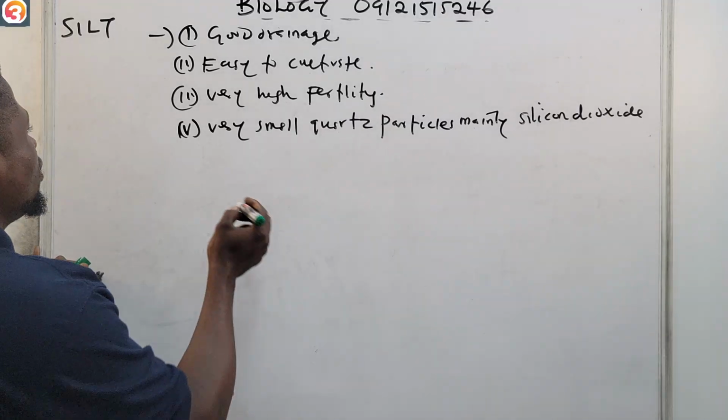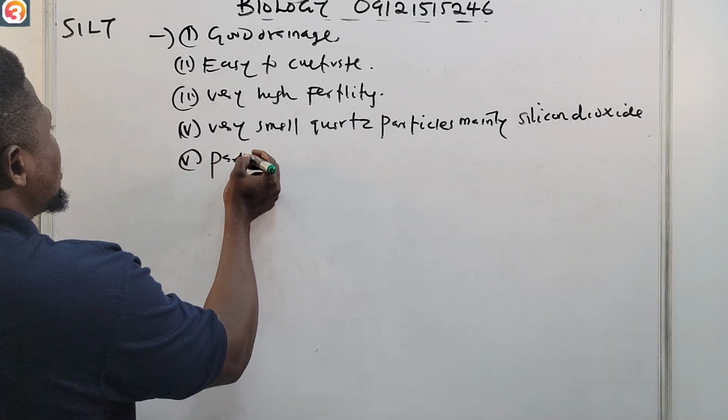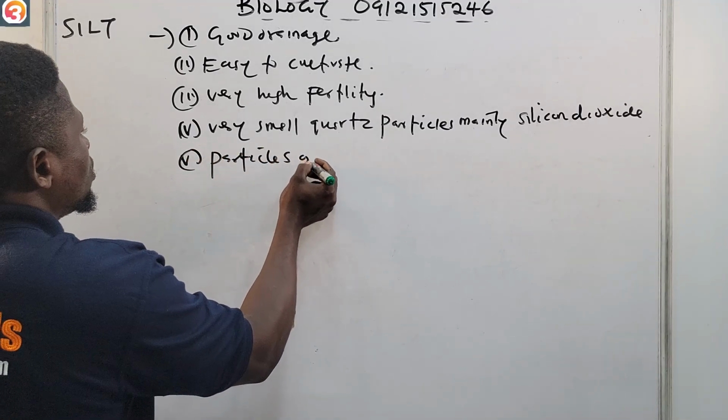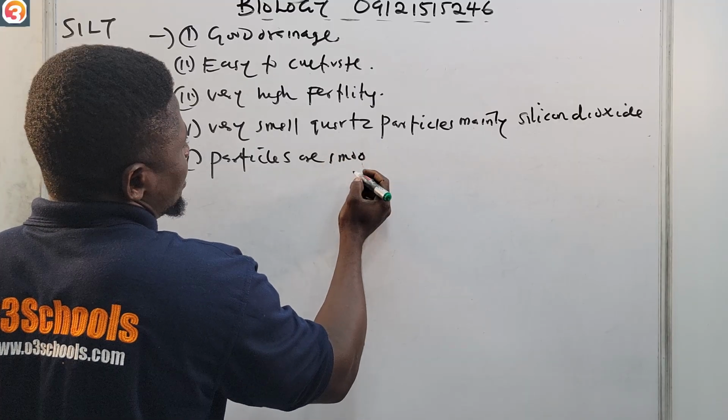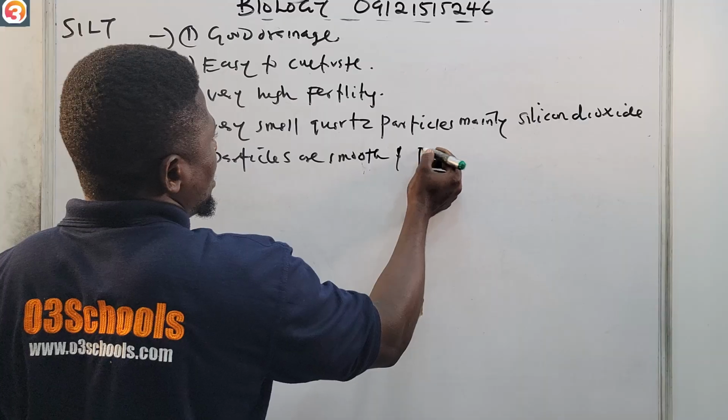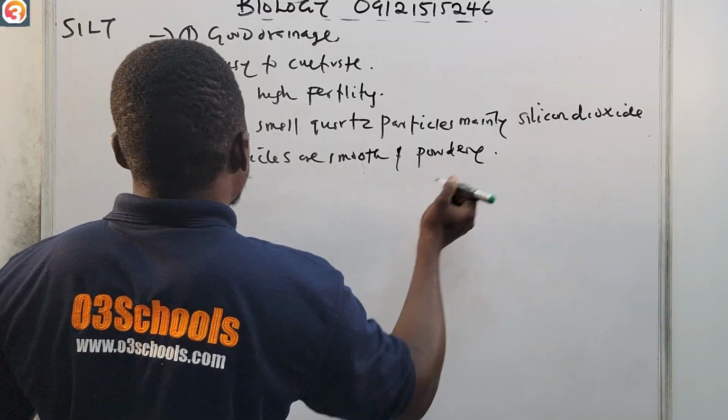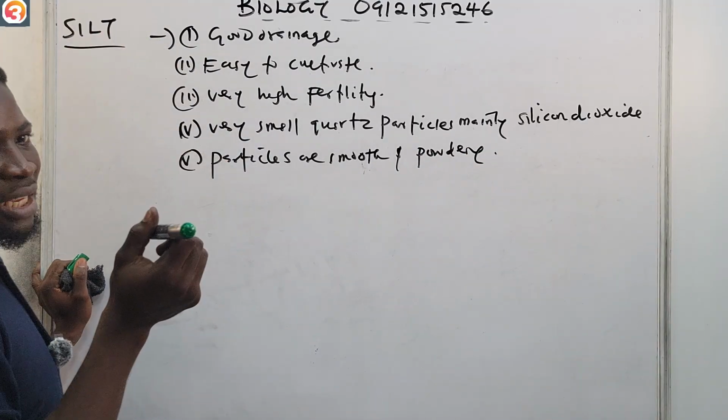And likewise, number five, silt particles are smooth and powdery.